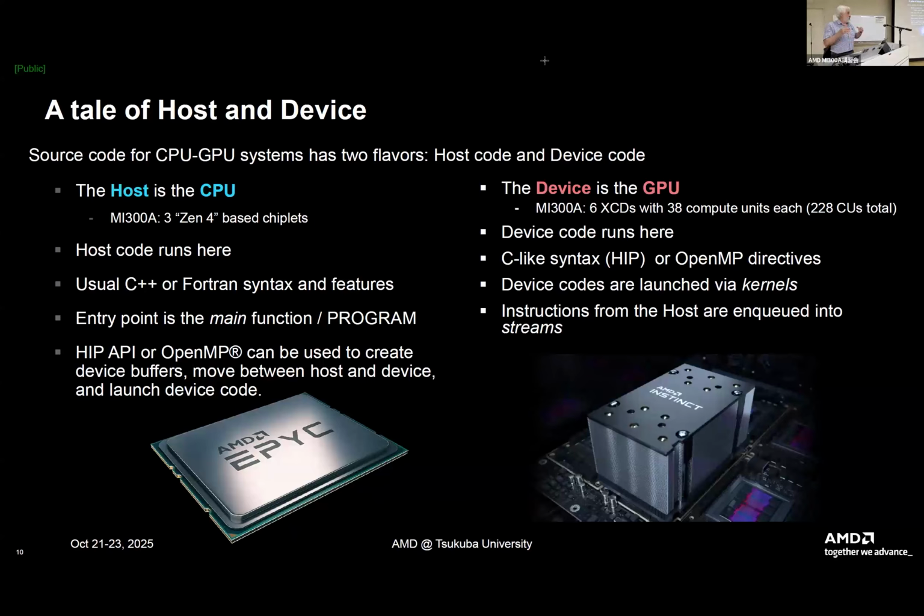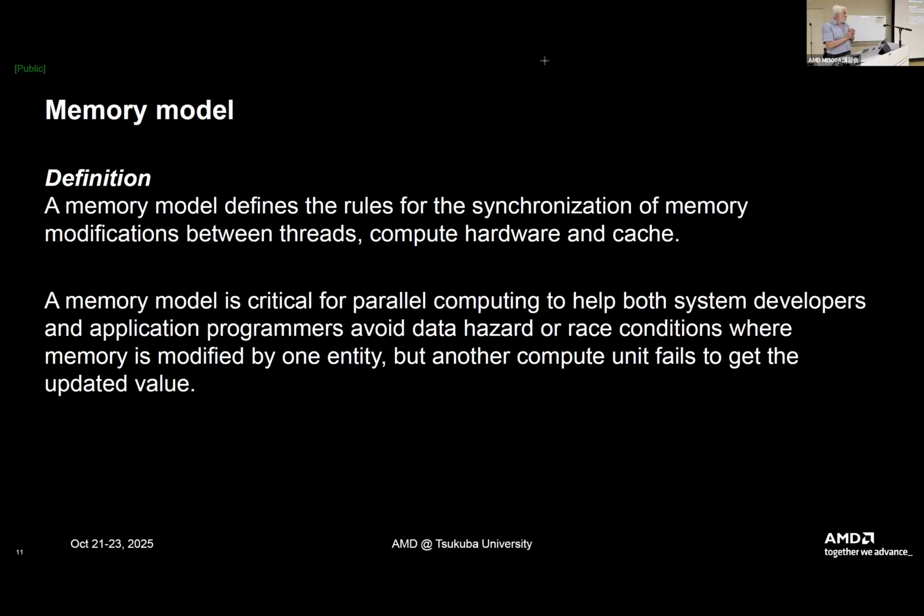And the GPU is very, very good if we've got a lot of work to do. It's not as good if we only have one or two things to do. And so these two devices work together to get the best performance out of your computing system. You need both of them.